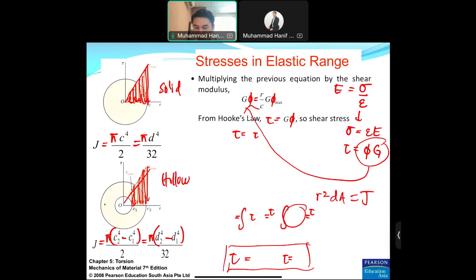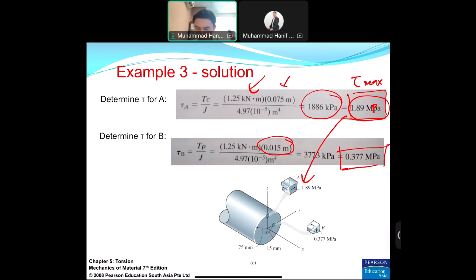Okay, so since it's rotation, the direction should be in rotation like this way. So rotation like this one, for example, T, because the previous one we got T in this direction. So the direction of the shearing should follow the direction of the torsion.